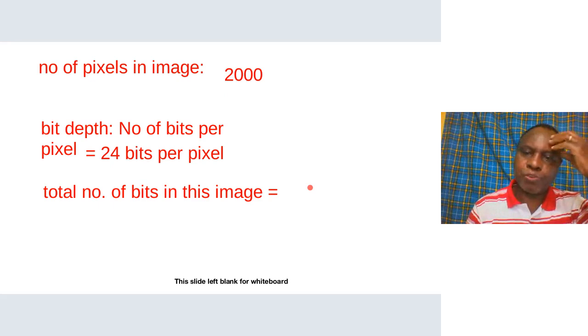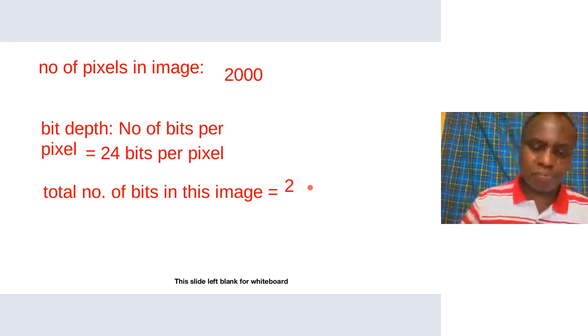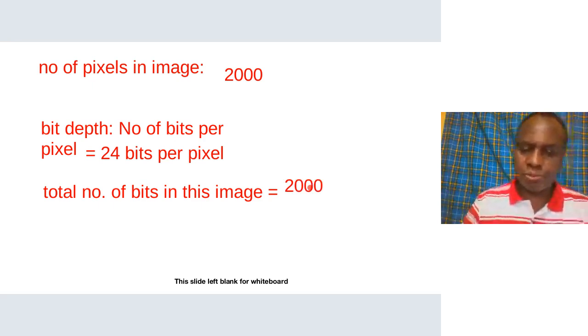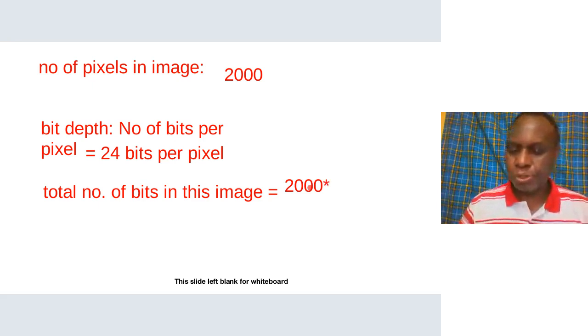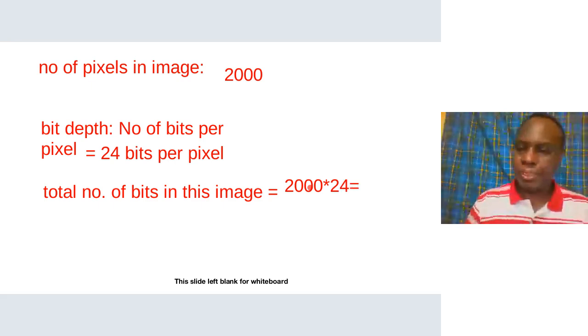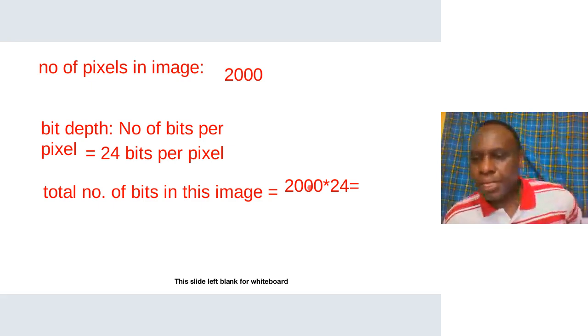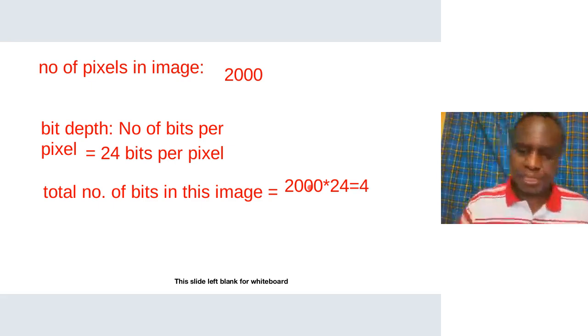So 2,000 multiplied by 24 is 48,000 bits. Remember, these are bits.